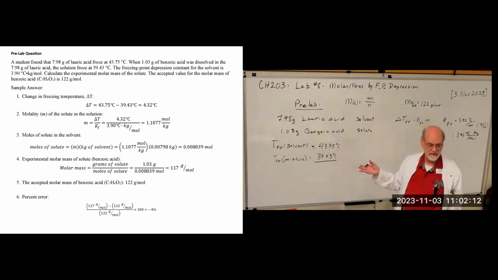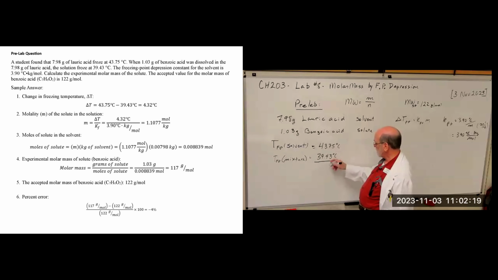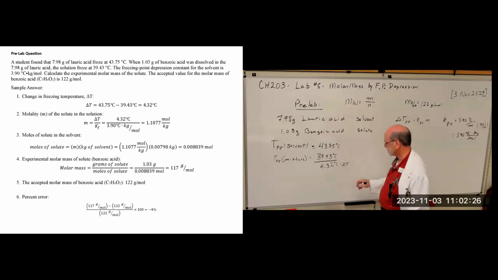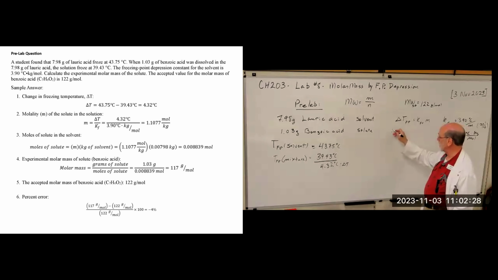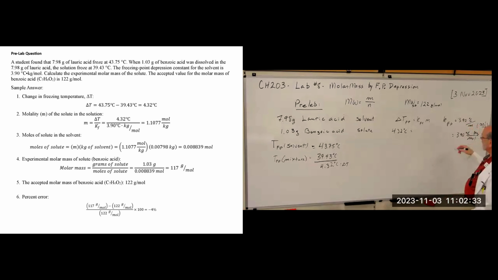Boiling point would be a different story. But it's going to be 4.32 degrees C equals a change in temperature. So that's what we put up here, 4.32 degrees C. The K value is 3.90 degrees C per molal. Okay? And the molality is our unknown.